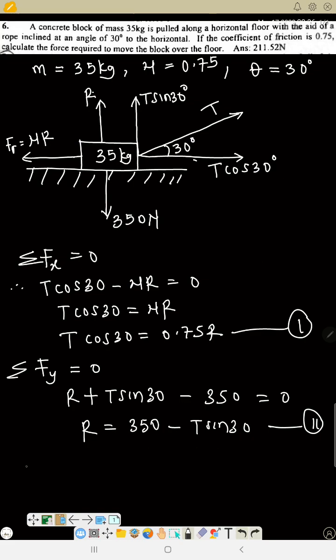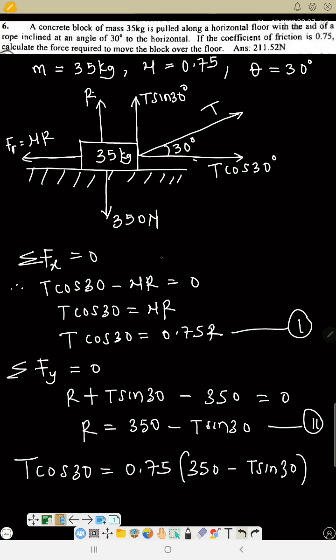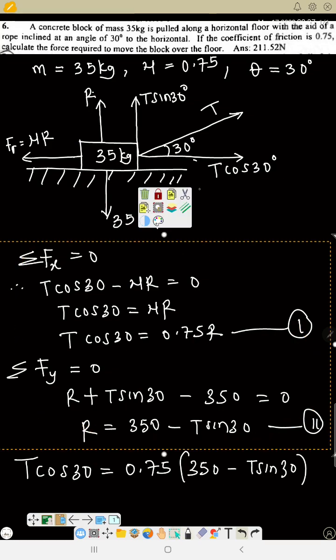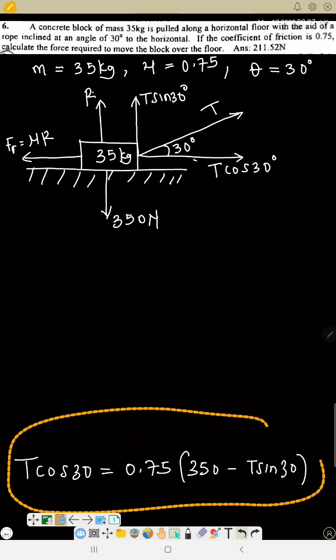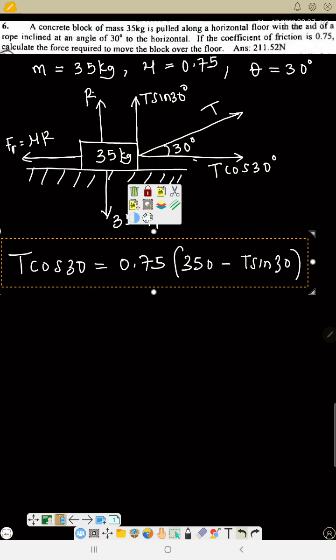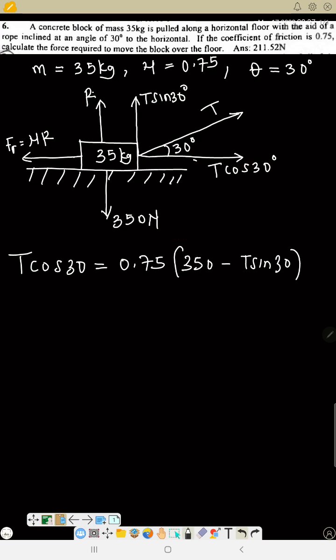From equation 1, T cos 30 is equal to 0.75, and instead of writing R, I'll write this expression here, 350 minus T sine 30. Now we need to open the bracket and collect like terms.